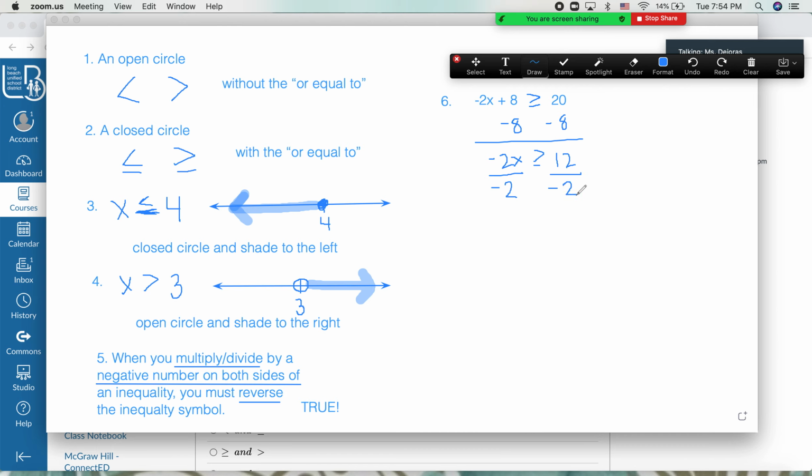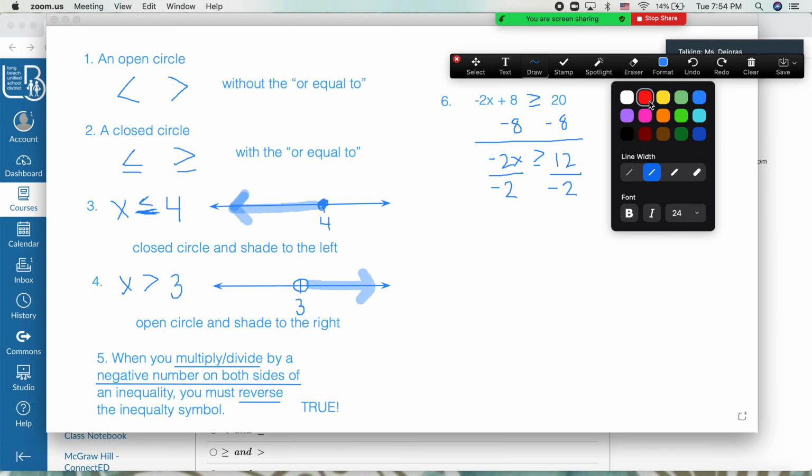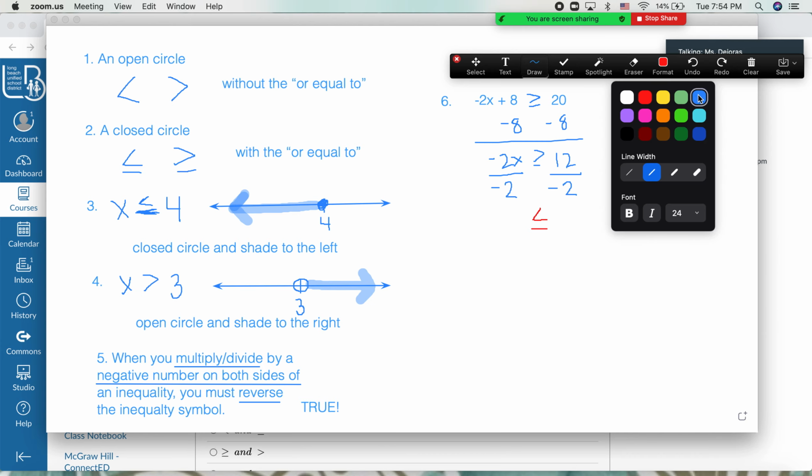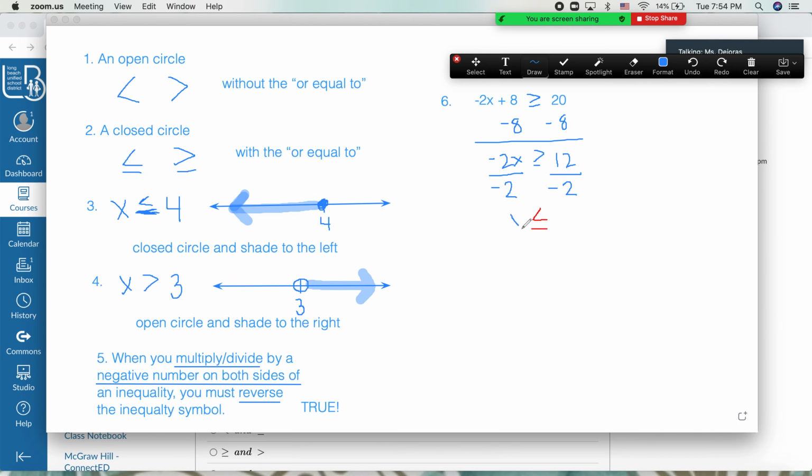Keep in mind what I had just said. I'm telling myself I am dividing both sides of my inequality by a negative number. So that should indicate to us that we now need to flip our inequality symbol. We need to reverse it. So first we had a greater than or equal to. Now we flipped it and we have a less than or equal to. Leaving us with x is less than or equal to negative 6.